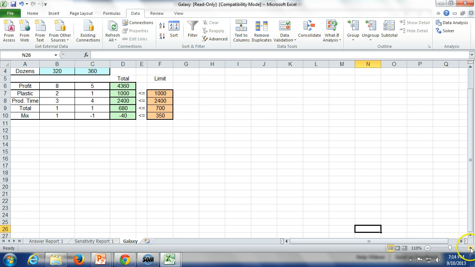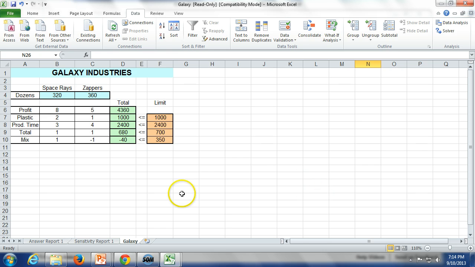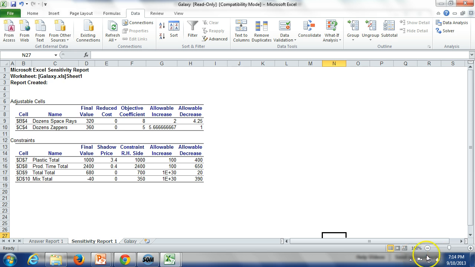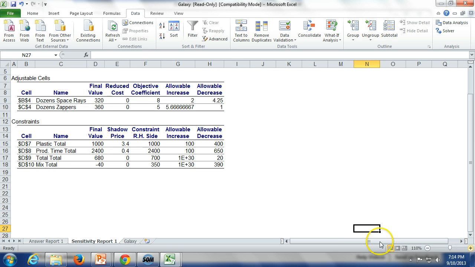I think this was the solution we got in class, right? 320, 360. Okay, so let's go to this one, and let's go to the sensitivity analysis and take a look at this.